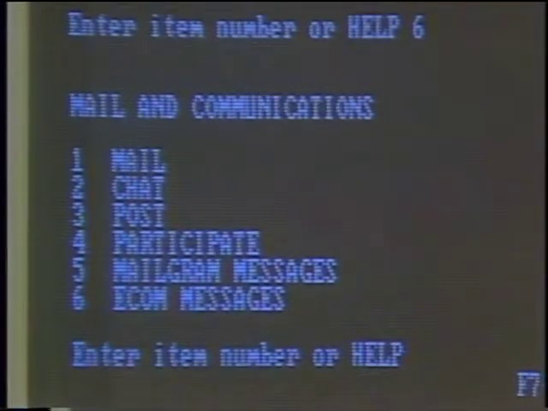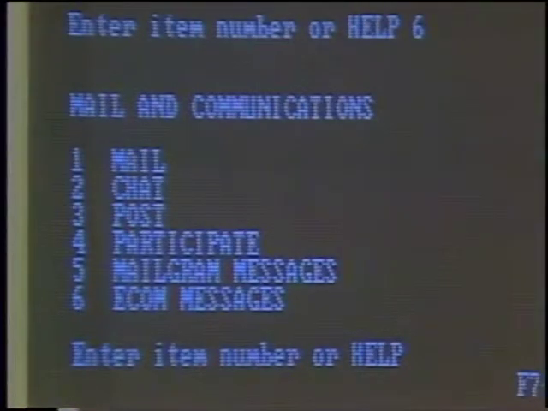Our post system is a bulletin board type system where users can post messages about different topics to other users and get replies back and help with their problems. Participate is a conferencing system, and we have mailgram messages and ecom messages, which are sending messages out to non-source users through either the mailgram system or the U.S. Mail's ecom system.